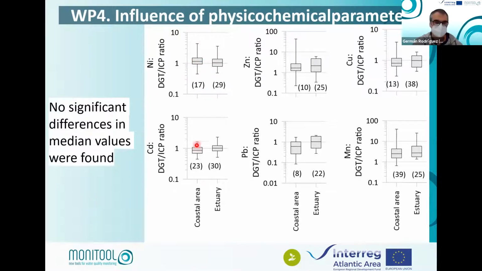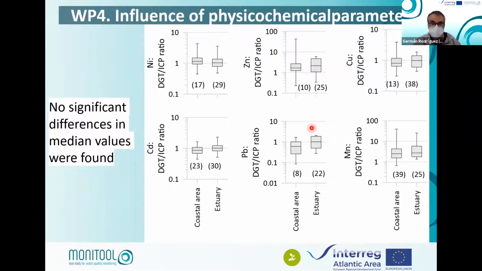In general, there is no clear difference between coastal area and estuary for each of the metals. Yes in the case of lead, but we have to take into account that we have very few data for coastal area.